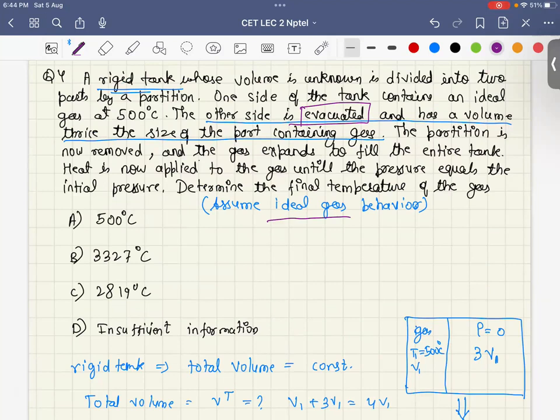Remember to convert from degree centigrade to Kelvin. Always try, remember to convert this 500 degree centigrade to temperature in Kelvin. Always assume SI units.